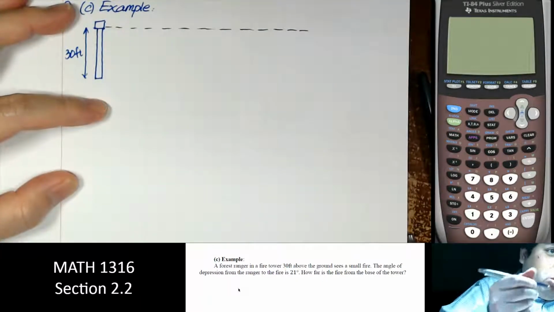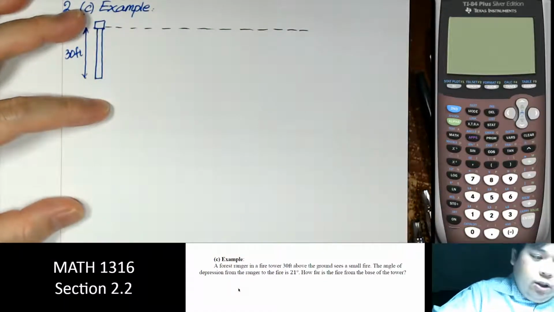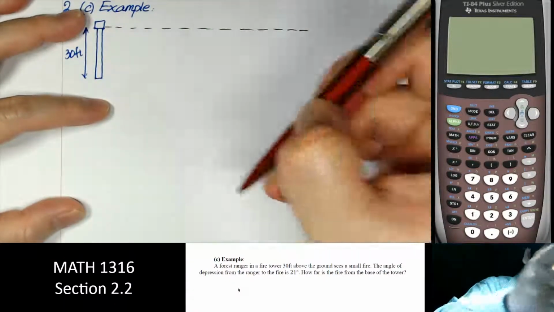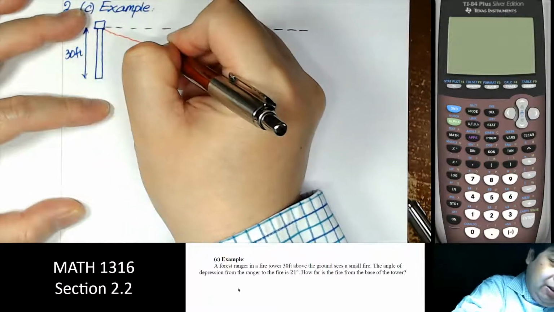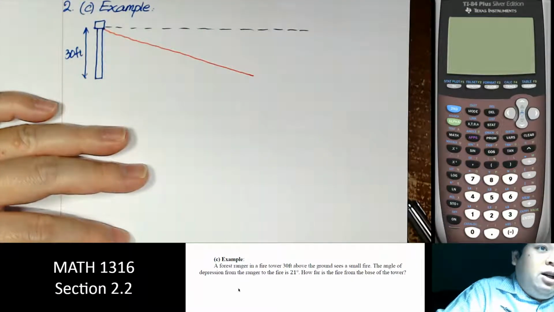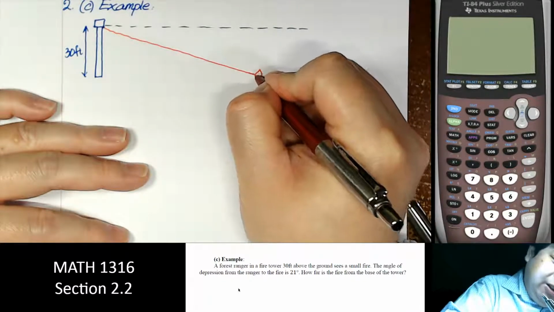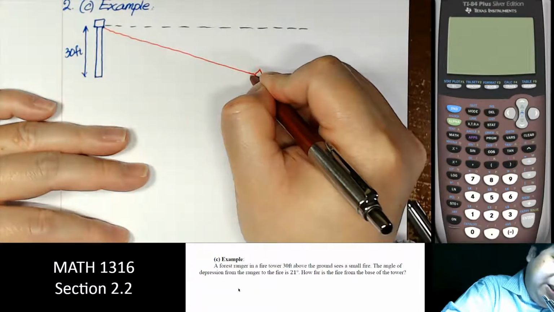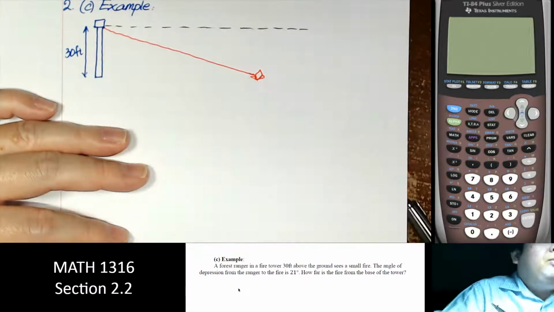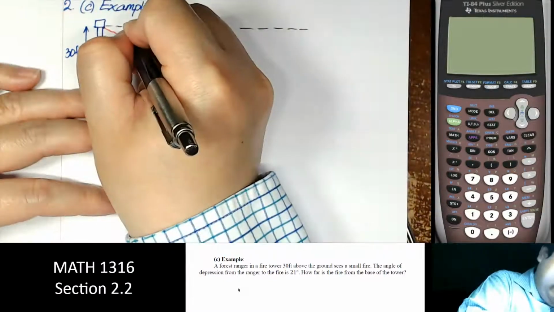So we look down, and we see a fire. That angle of depression is 21 degrees.